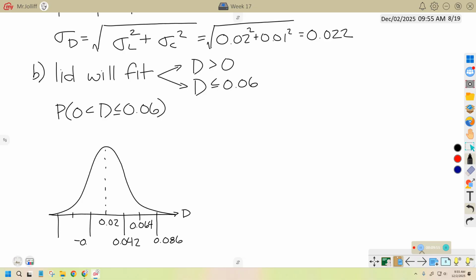So negative 0.002, 0.02 and 0.24 and 0.46. I think I did that correctly.